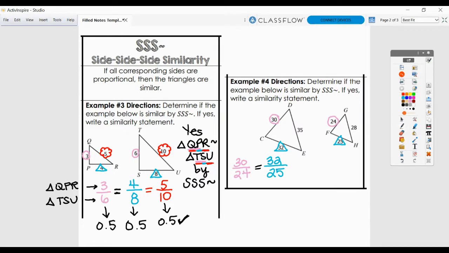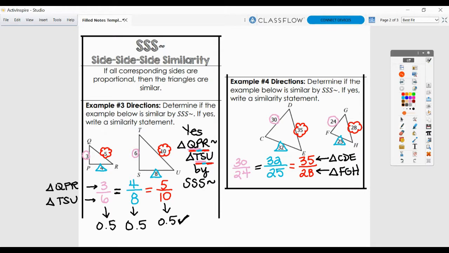Last side would be 35, that's the largest number in CDE. And that matches with 28 in my FGH. Remember, double check that everything in the numerator came from your sides of triangle CDE, and everything in your denominator came from your sides from triangle FGH.